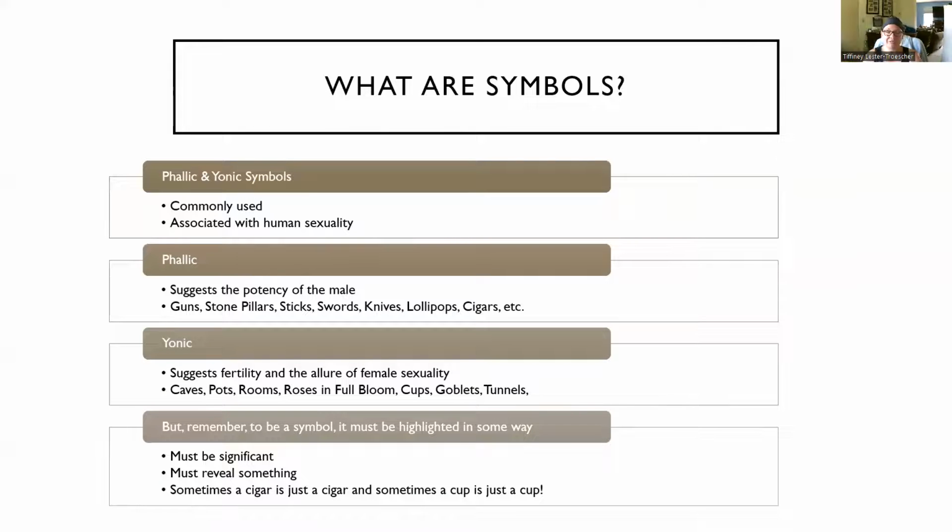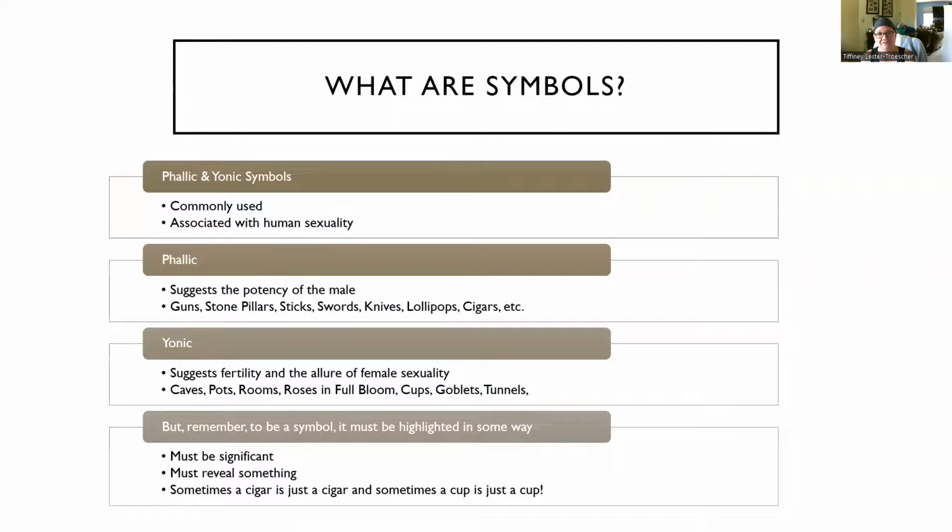Phallic and ionic symbols are sexual symbols. A phallic symbol is suggestive of male genitalia, right? So things like guns, stones, pillars, sticks, swords, knives, lollipops, cigars. It is anything that makes you think of male genitalia, a phallus.